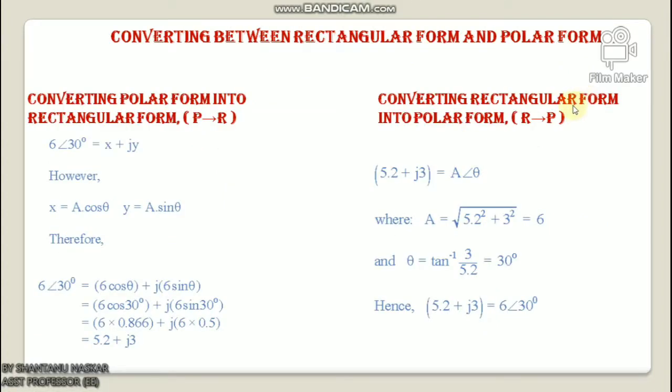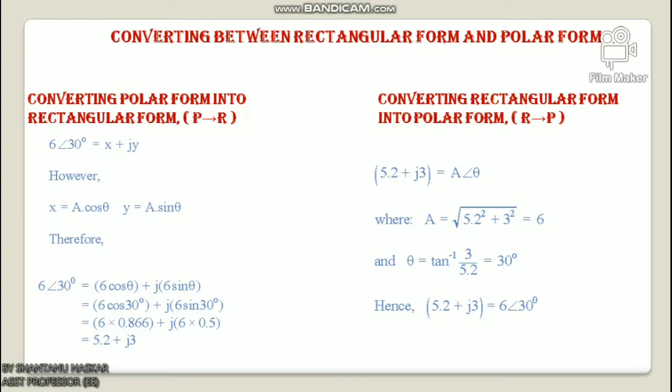So if we go through a simple example, we can easily understand the converting between rectangular form and polar form: polar form into rectangular form is P to R, and rectangular form into polar form is R to P. If we go through this example, it will be very clear to you.